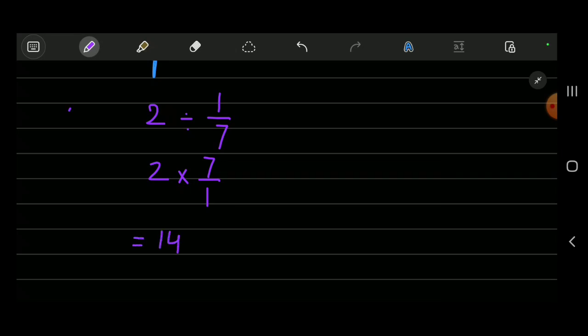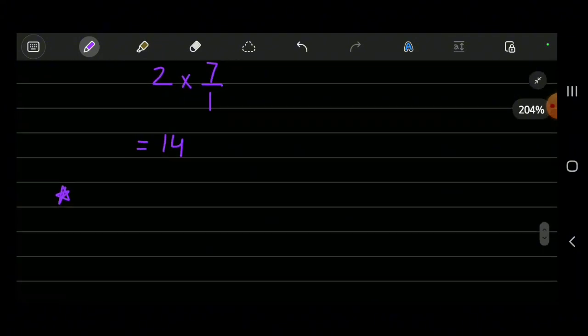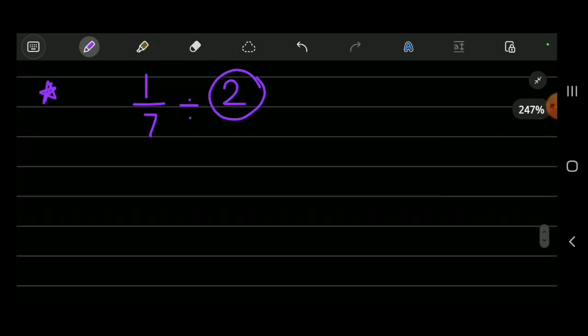But if you have a different fraction, like you have 1/7 divided by 2. If you have a single number instead of a fraction, you know that for the second fraction you take the reciprocal. So how do you take the reciprocal for a single number?